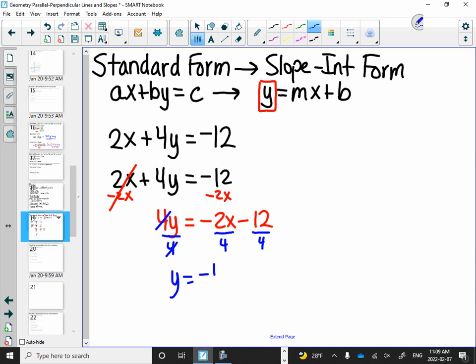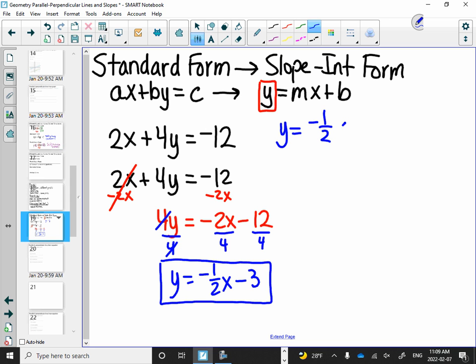Okay, and what does this simplify to? Negative 3. And now that I'm in this form, I can compare it to this, and I know that my slope is negative 1/2, and I know that my y-intercept is negative 3.